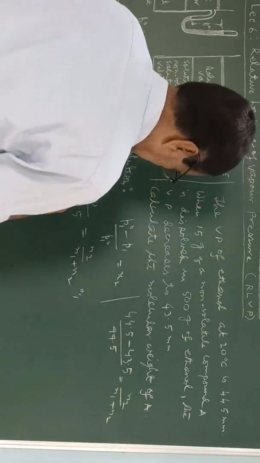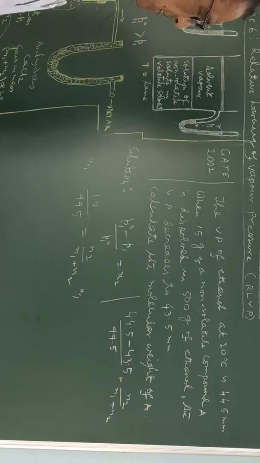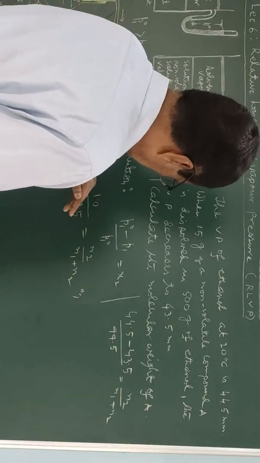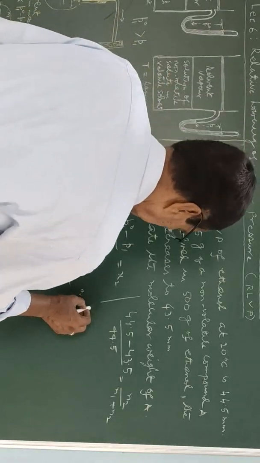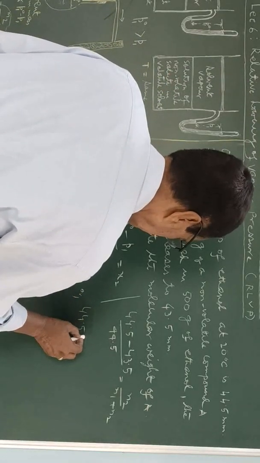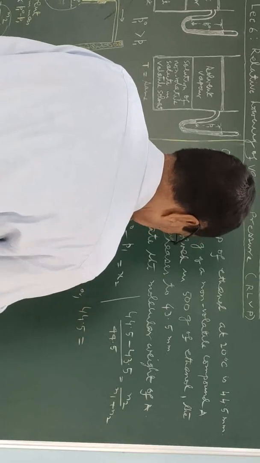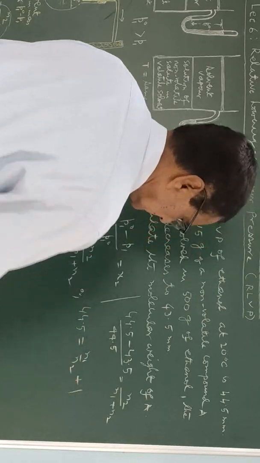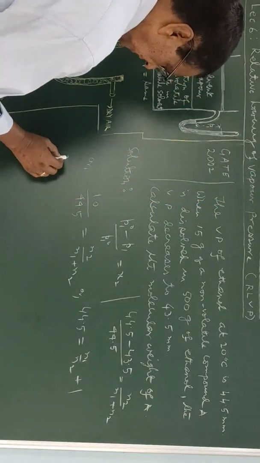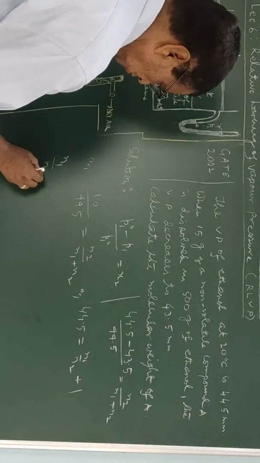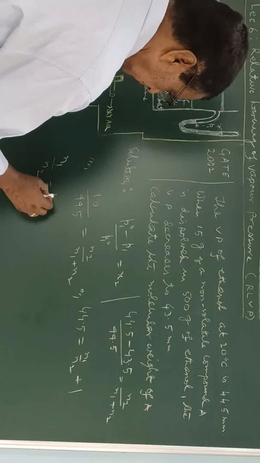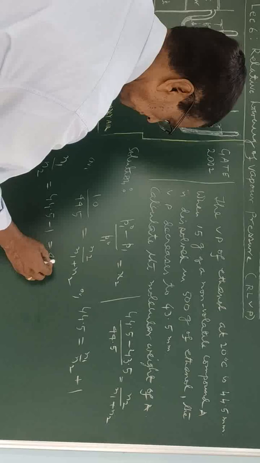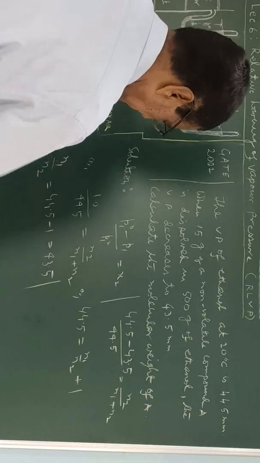Inverting this, taking it upside down, 44.5 equals N1 by N2 plus 1. So N1 by N2 equals 44.5 minus 1, equal to 43.5.